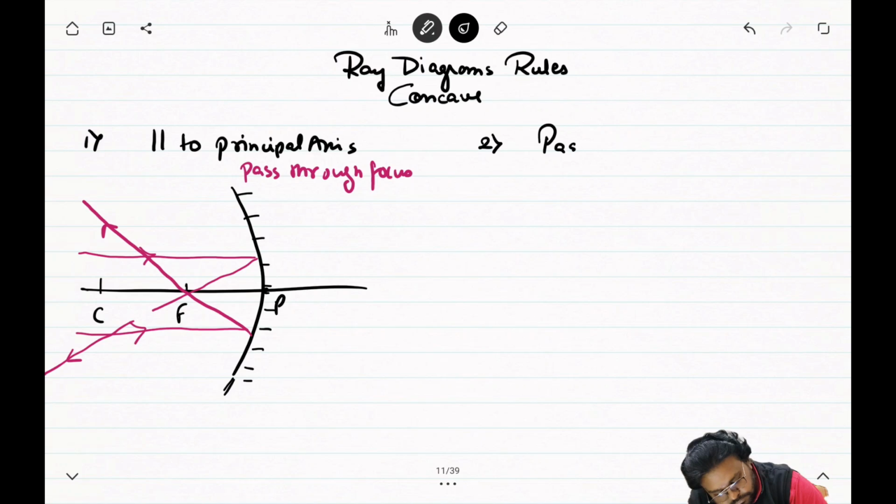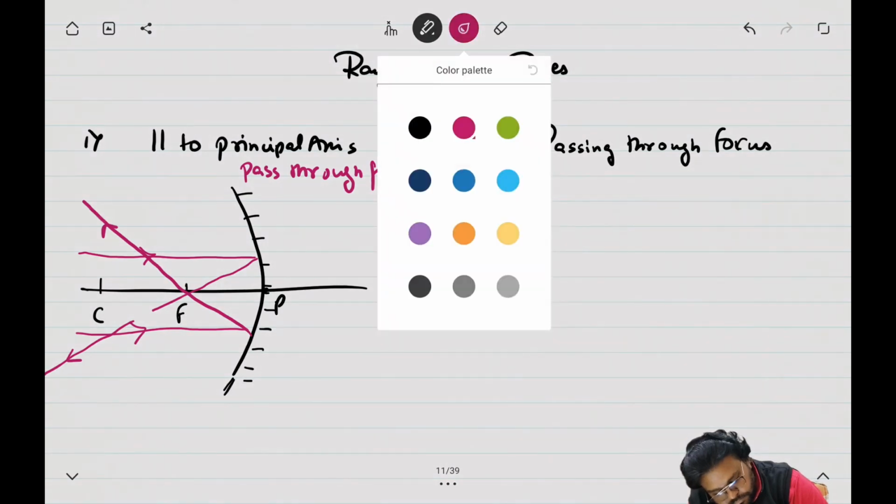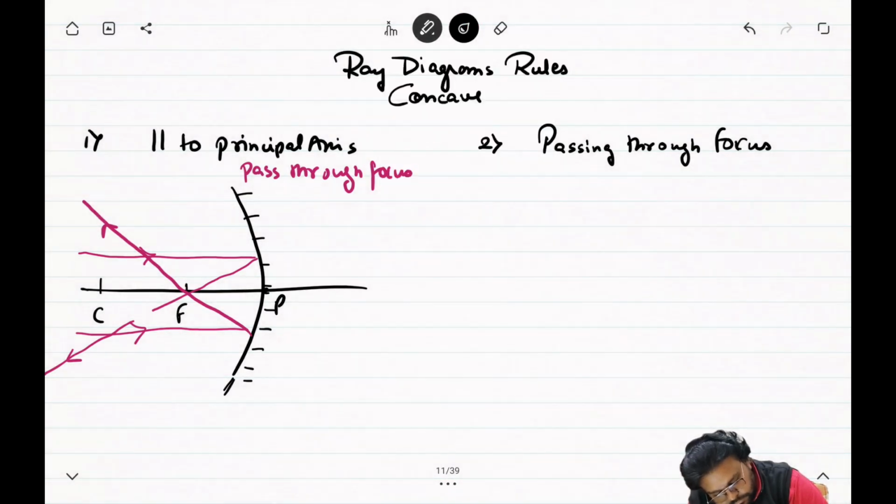Second one, passing through focus. Sorry, we are discussing the concave mirror right now.